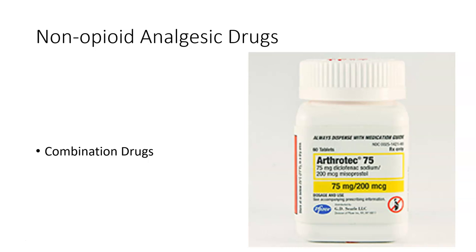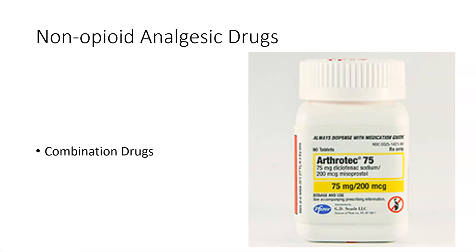And if you remember, misoprostol is a prostaglandin drug, and because it's going to stimulate prostaglandins, it can actually cause uterine contractions. So we do see that image of the pregnant, don't take if pregnant on here. So Arthrotec, it's for arthritis, but it's got that misoprostol to protect.